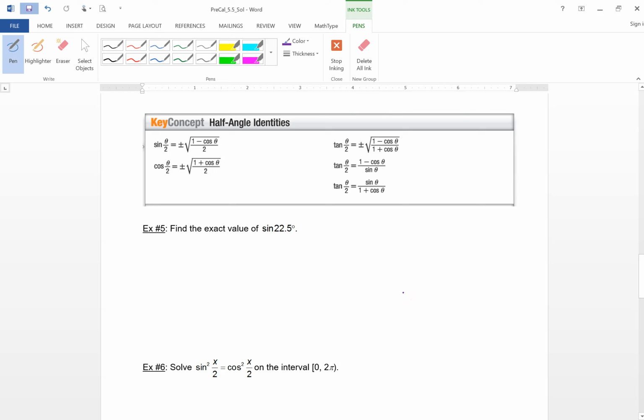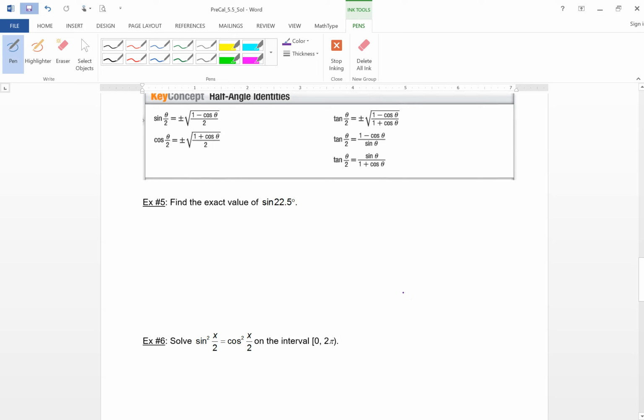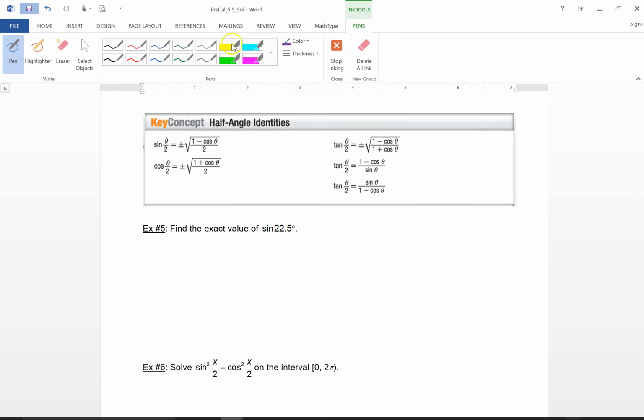Okay, so let's go to example 5. Now, these are half-angle identities. This helps you evaluate trig functions like sine and cosine of the special angles divided by 2.